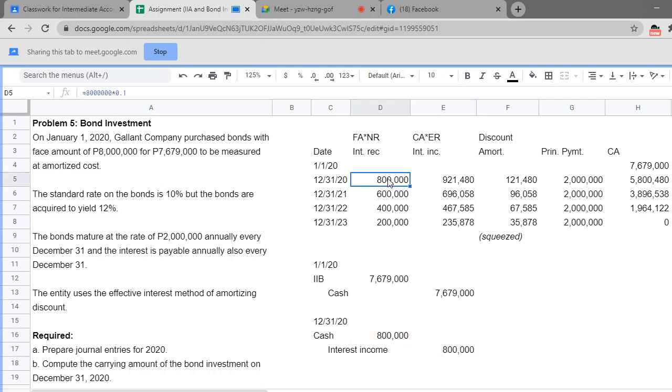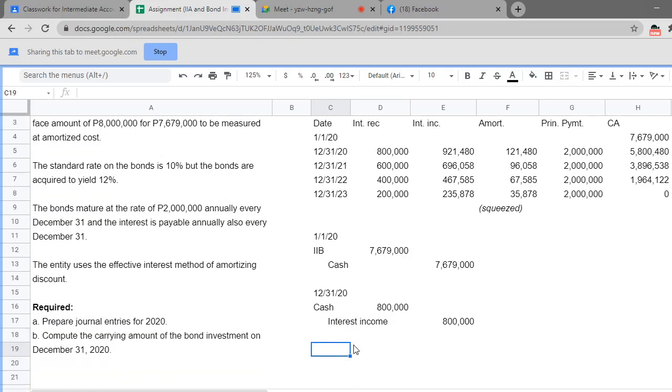Ayan year 1, 12/31/2020. So, mas dali na lang, di ba? Di na kailangan magbalik-balik og compute kung naa kay table. And we also have our amortization. So, atong amortization would be IIB because this is discount, credit, interest, income of 121,480 based again sa ato ang table of amortization.